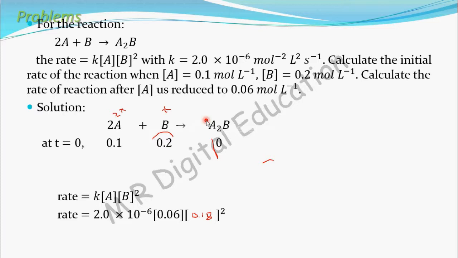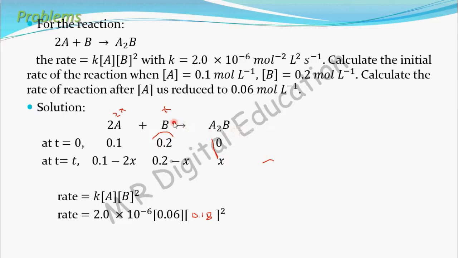So after some time, at time t equal to t, say x mole per liter of A2B is formed. Let's suppose x mole per liter of A2B is formed after some time. How is this x mole per liter of A2B formed?